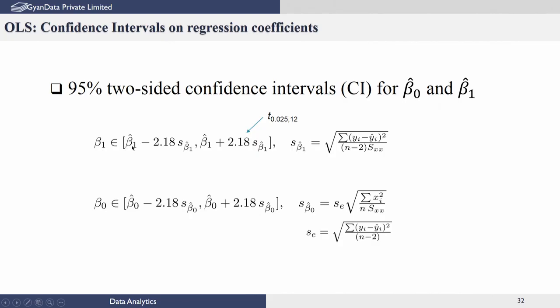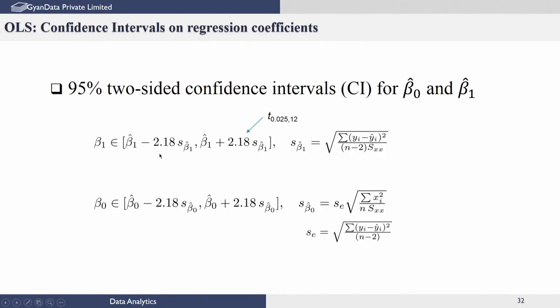That we can derive from this particular range, which is the estimated value of beta 1, beta 1 hat, plus or minus 2.18 times the standard deviation of beta 1 hat estimated from the data.